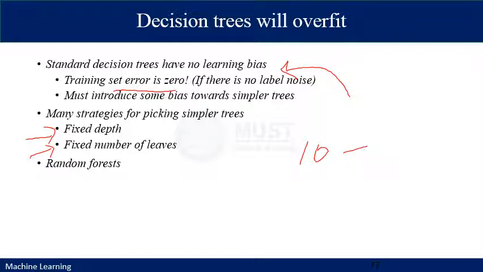The overfitting problem of decision trees can also be mitigated by enforcing different ensemble methods, such as random forest. We will discuss random forests of decision trees and other algorithms in another lecture.